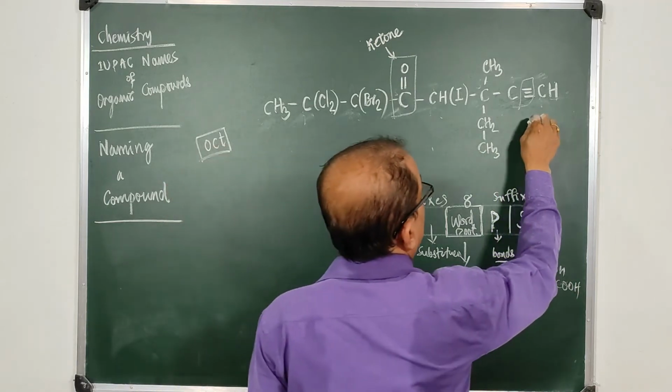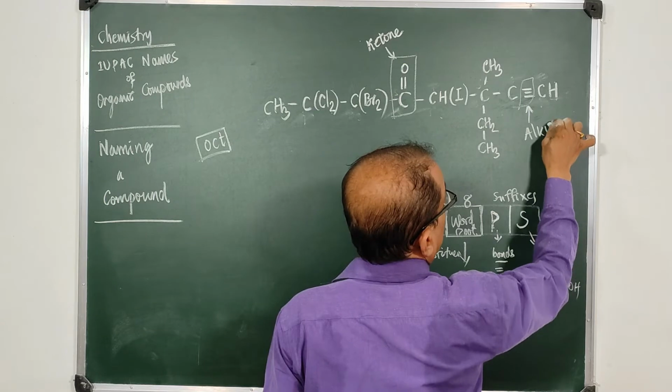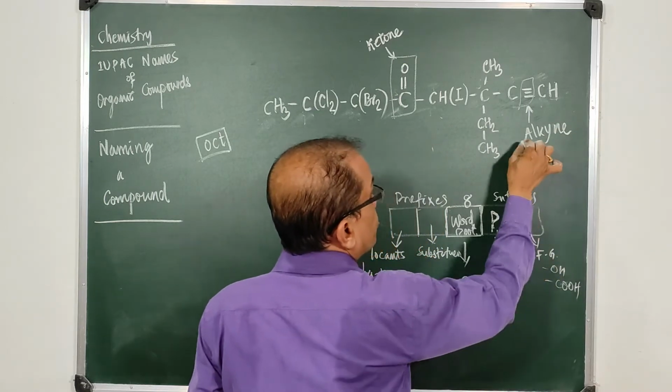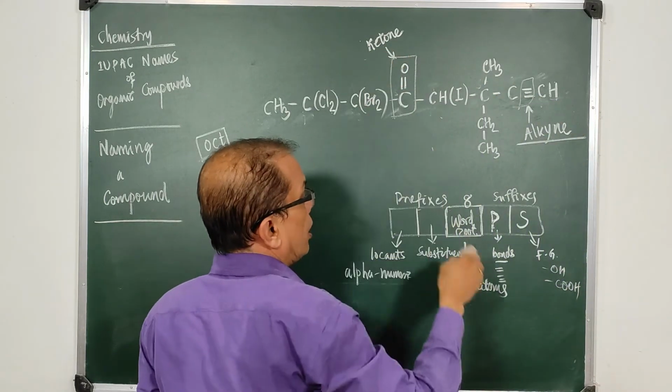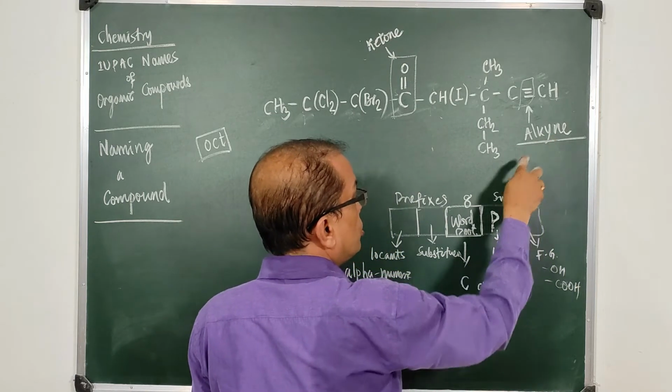And since here there is a triple bond, it appears like an alkyne. So out of alkyne and ketone, I have a functional group which is a secondary suffix, and I have a triple bond which is a primary suffix.